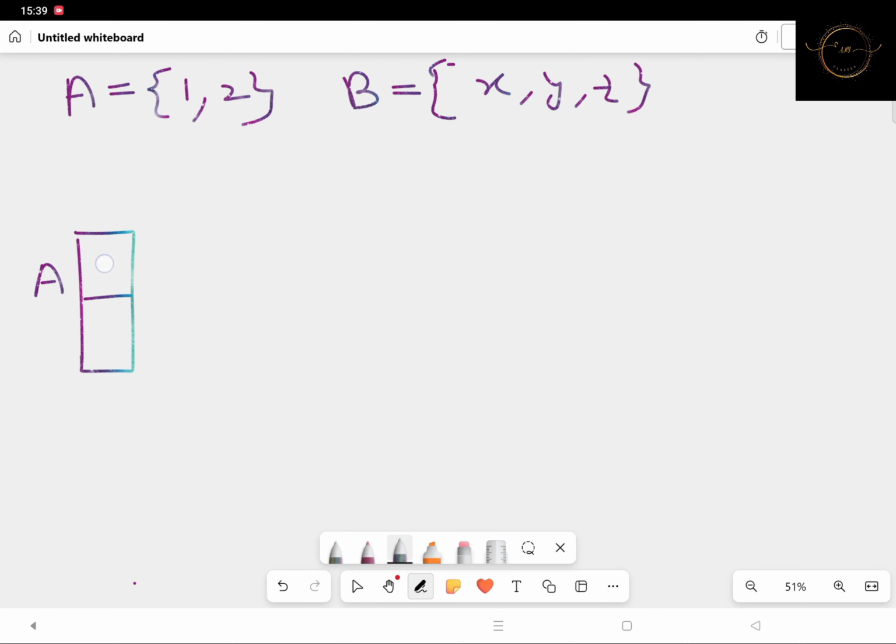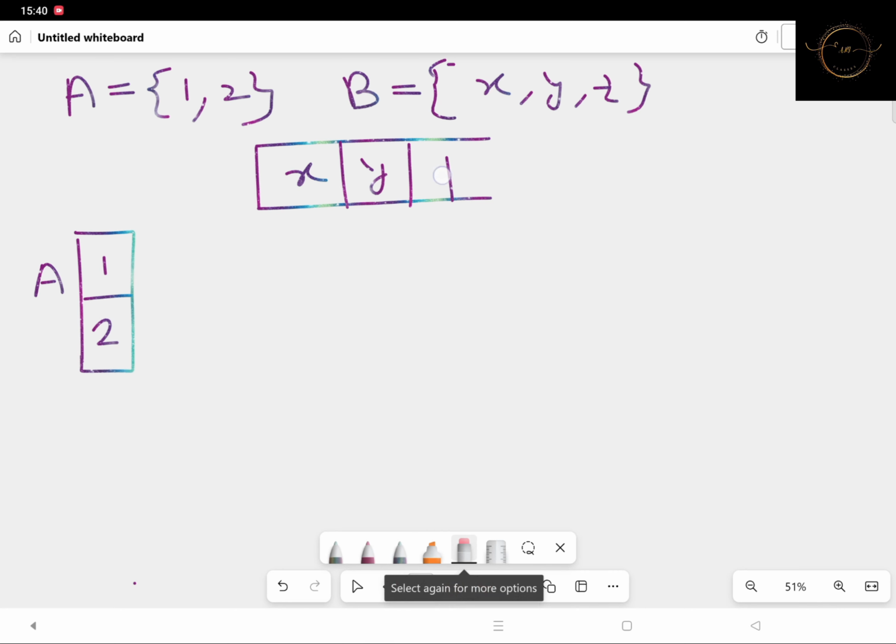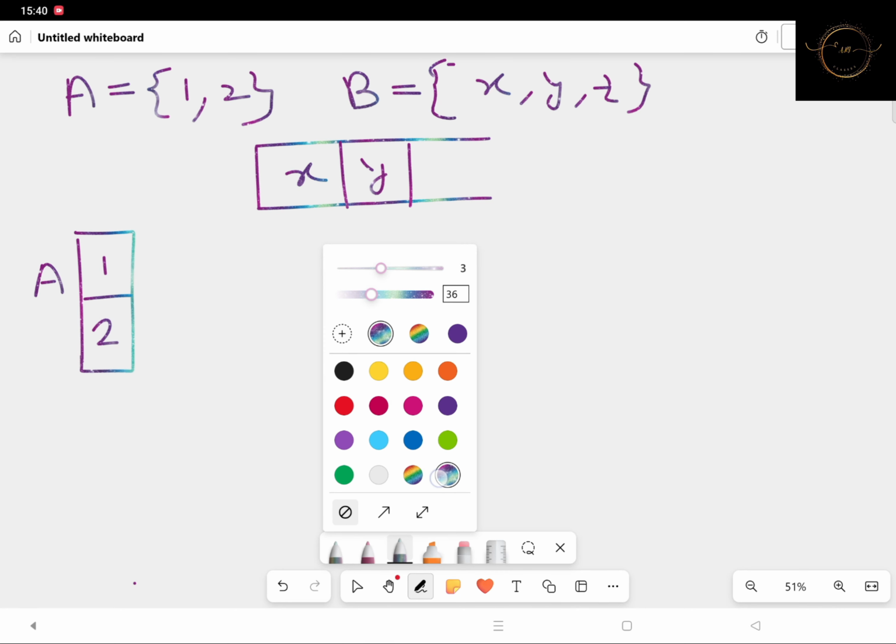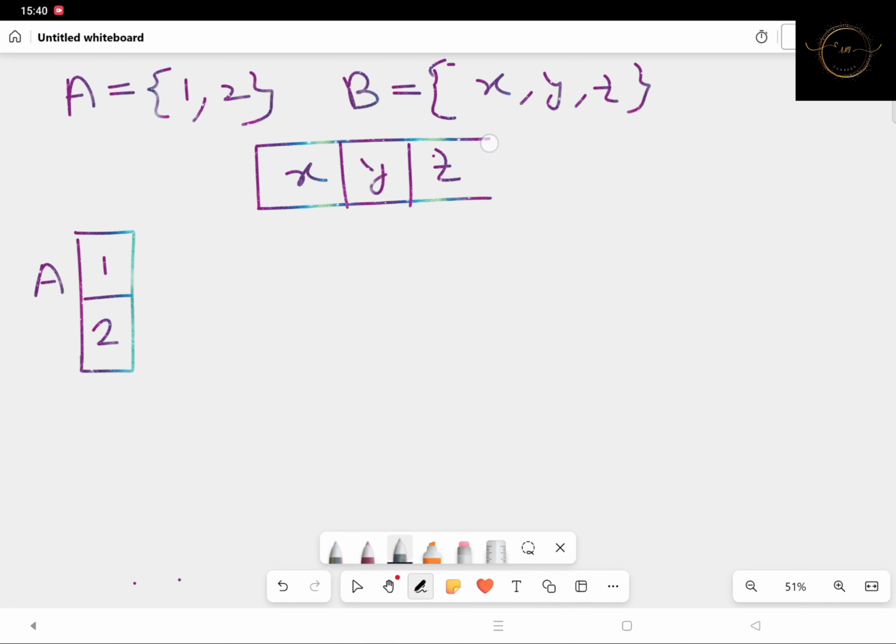Suppose A has 2 elements 1, 2, whereas B you can find out as x, y and z. These are all elements of B. So what can be the possible combinations of these elements?